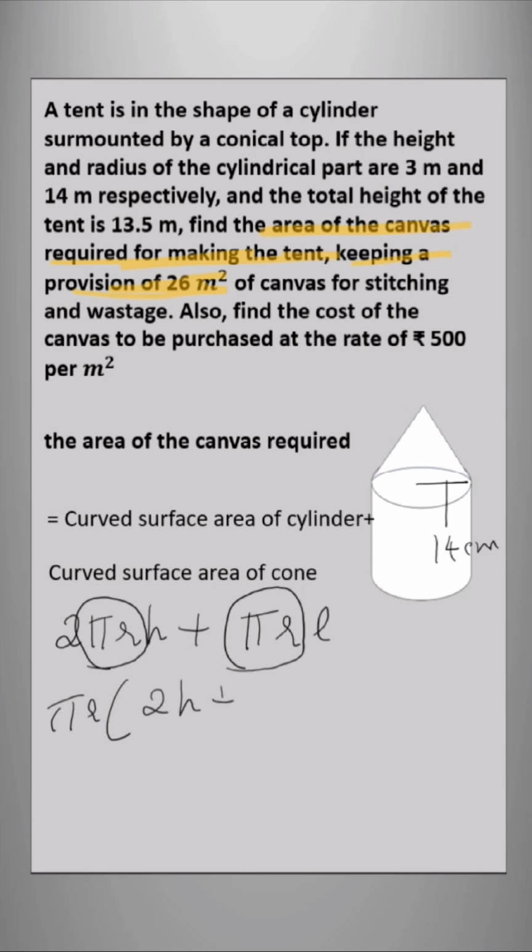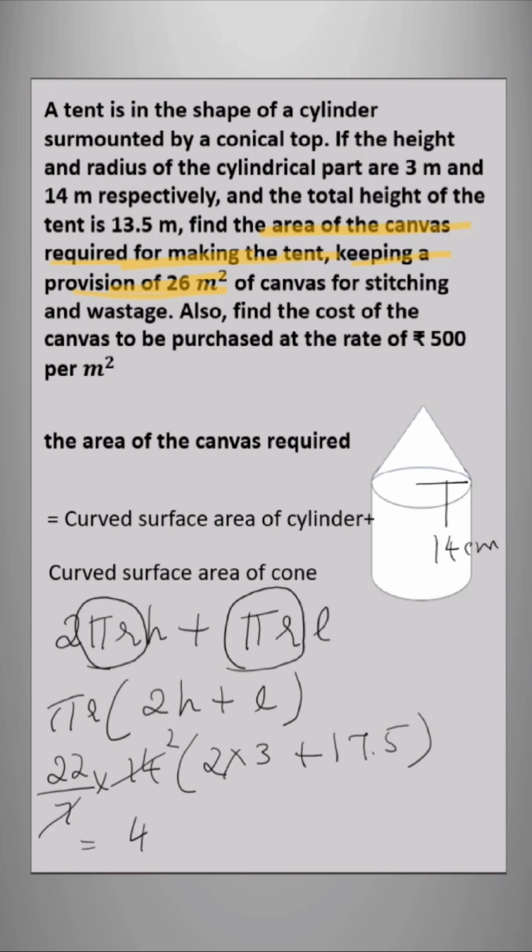Pi is 22 by 7, radius is 14. 2 into h, which is 3, plus 17.5. Here 7 twos are 14, and 2 into 22 is 44. Here 6 plus 17.5 is 23.5.